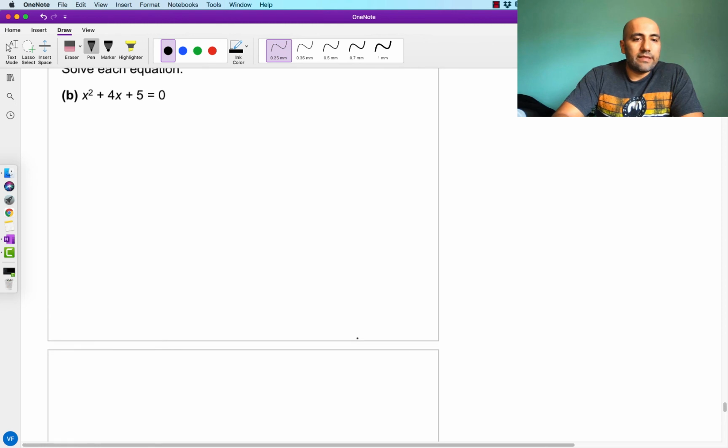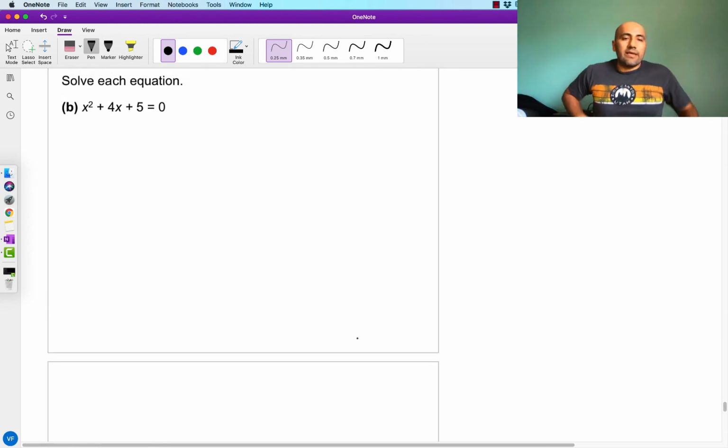What about something like this? Well, this one's a little bit more complicated since we have a term that has an x squared and a term that has an x. I can't solve it like before. I can't isolate the x squared and take the square root of both sides. So in something like this, maybe it is a little easier to figure out how to find the quadratic formula for it.